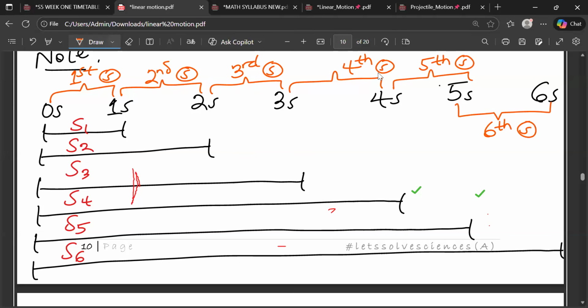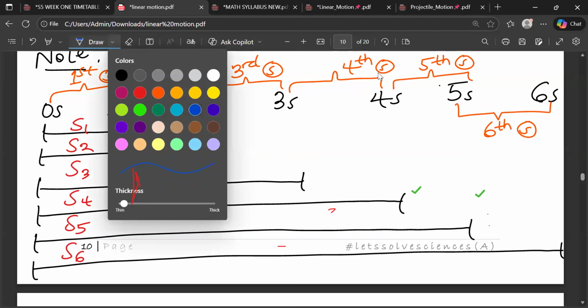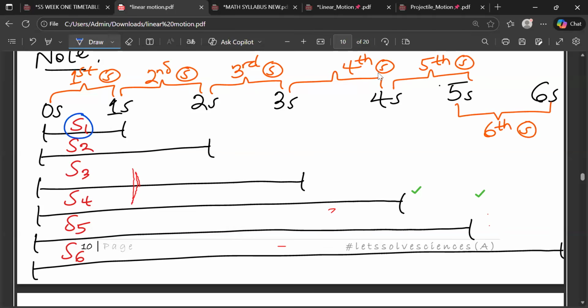If you really want the distance covered in the first second, it is the same as the distance you cover in that very second, isn't it?